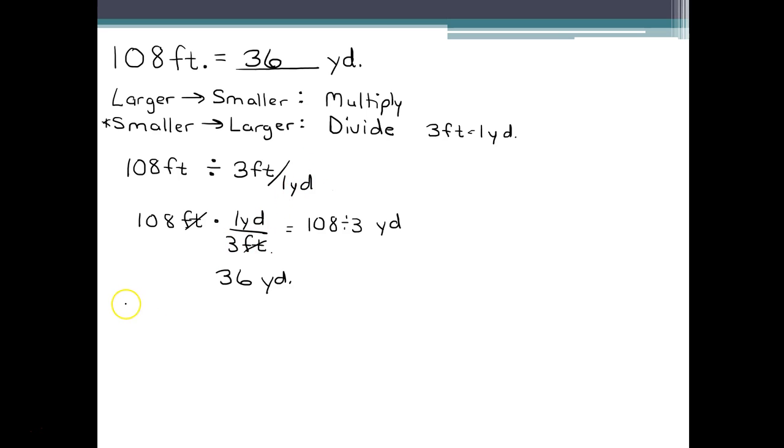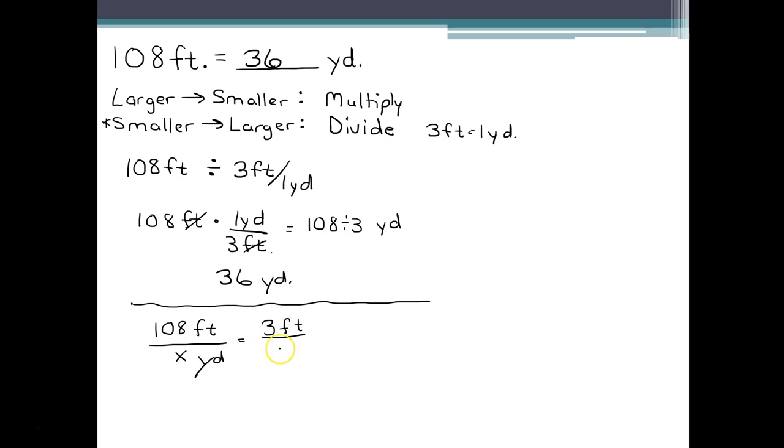All right, anyways. That was one method for solving this. Another method is to set up a proportion. You could say 108 feet is to X yards as 3 feet is to 1 yard. And you could use your knowledge of solving proportions to solve this.